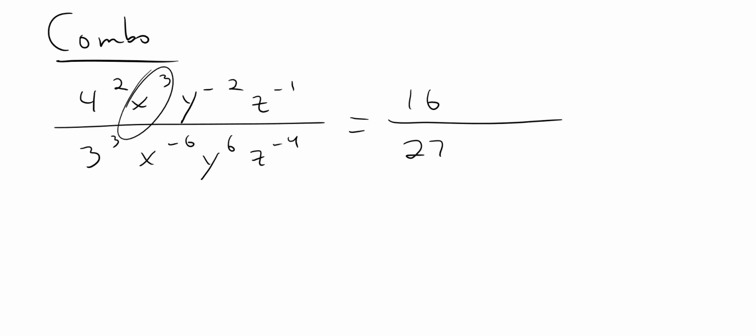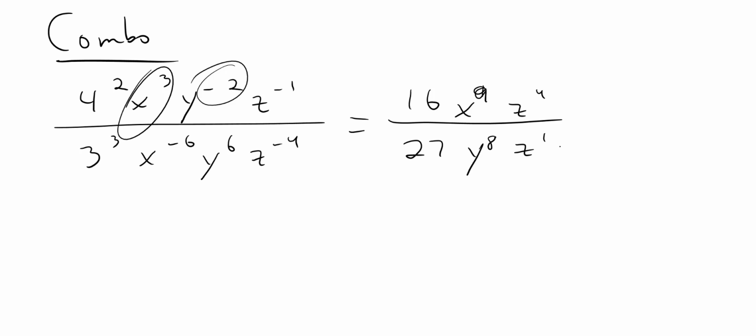So now it has 9 armies, right? Okay, so 6 goes on top. You have 3 plus 6 is 9. Okay, this negative 2 goes to the bottom, so I have y to the 8th in the bottom, because basically it's adding 6 armies to the bottom. And the z's are just switching spots. So z to the 4th and z to the 1.